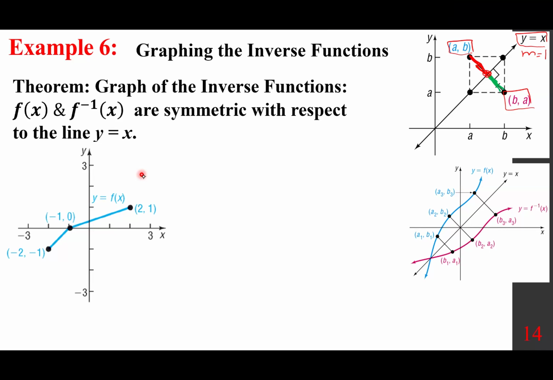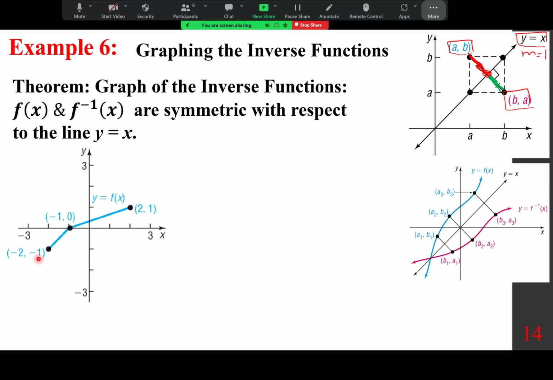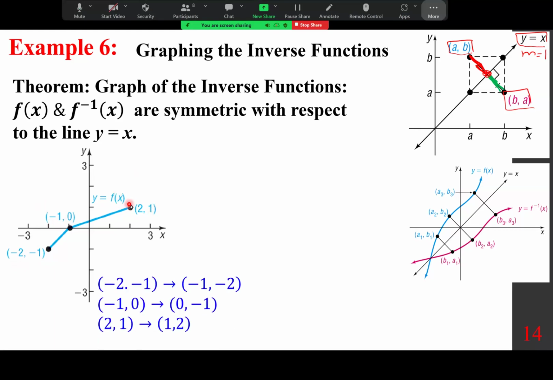How do we do that? -2, -1 corresponds to -1, -2. -1, 0, 0, -1. 2, 1, 1, 2. So first, understand that, and all you have to do, plot those pairs.